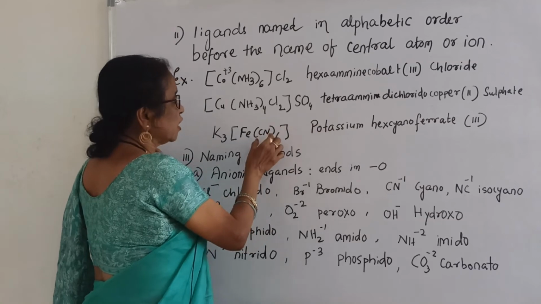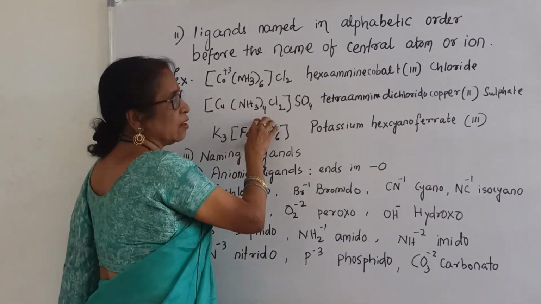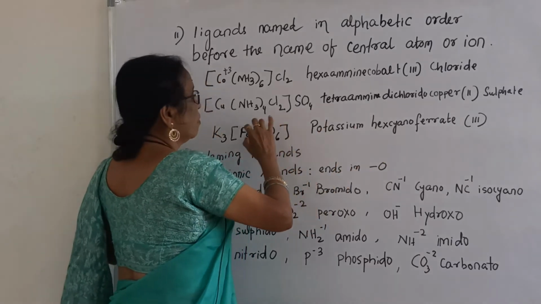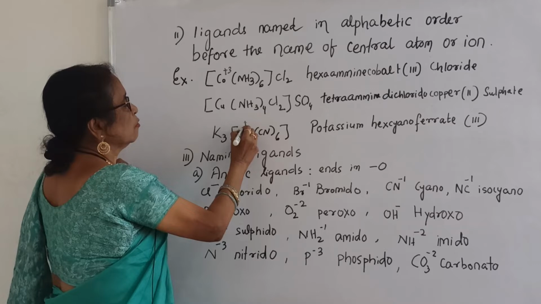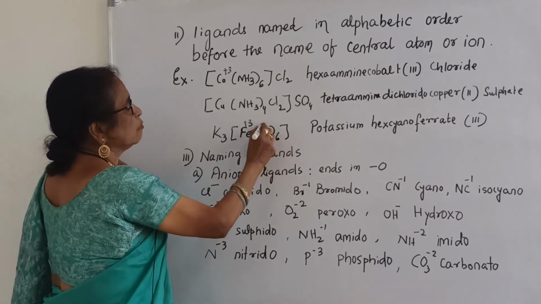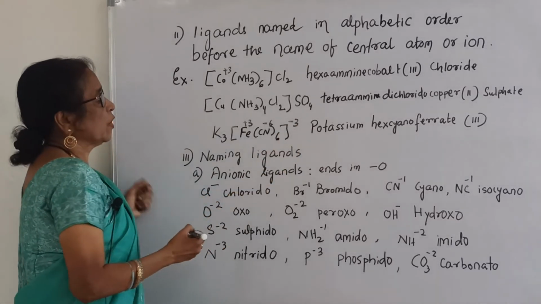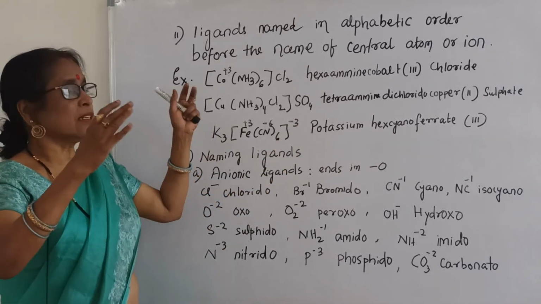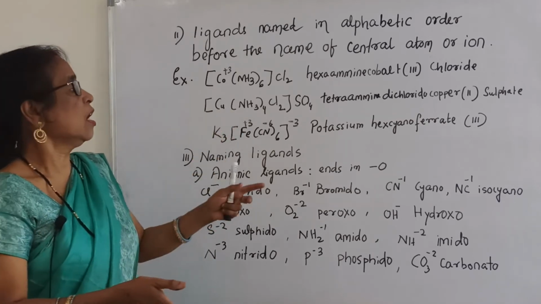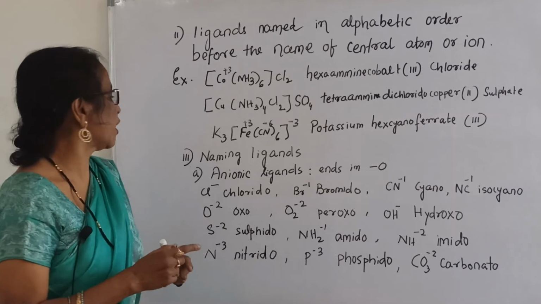Now potassium, first you will write the potassium cation, then come to the anion, hexacyanoferrate, and the charge is plus 3. Here it is plus 3 and it is minus 6. So it is minus 3. So I want to say the ligands are in alphabetical order and should be before the central metal atom.